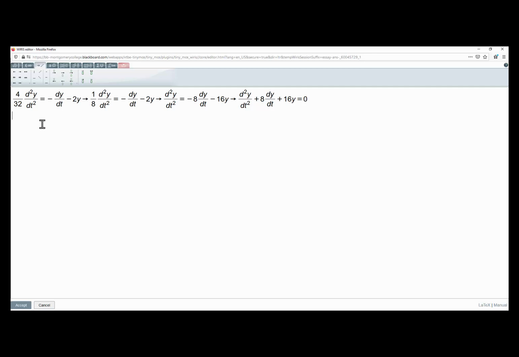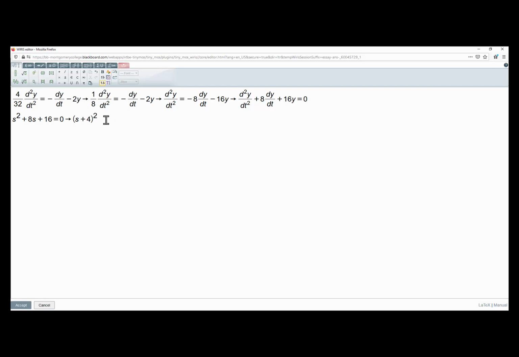So let's write the auxiliary equation for the solution of this homogeneous system. We got s squared plus 8s plus 16 equals 0, which means (s plus 4) squared equals 0.